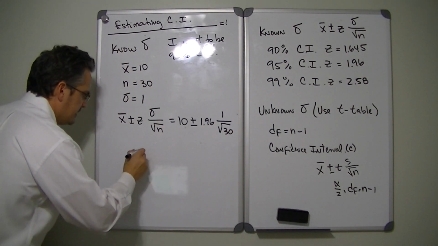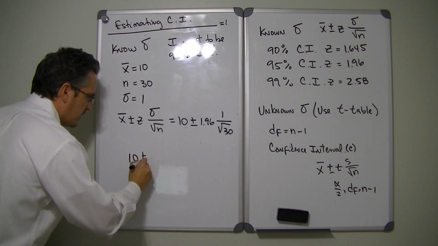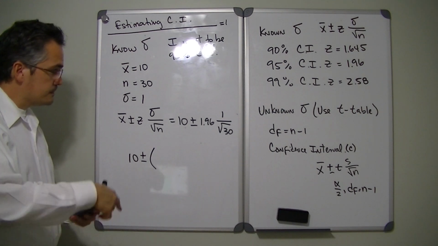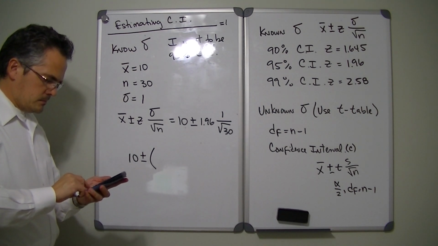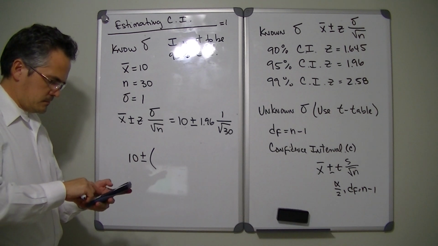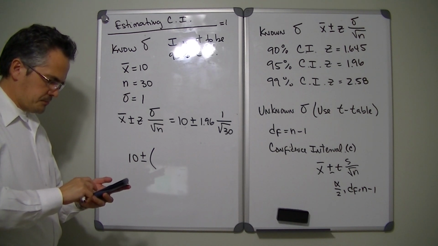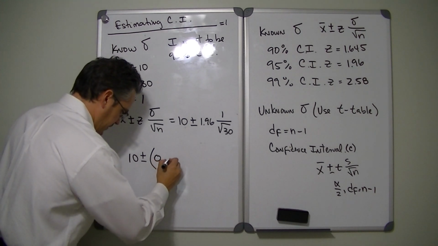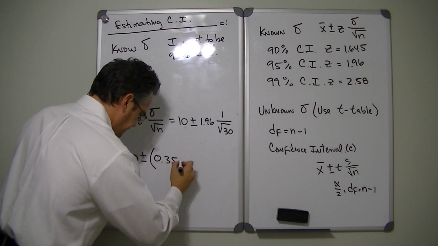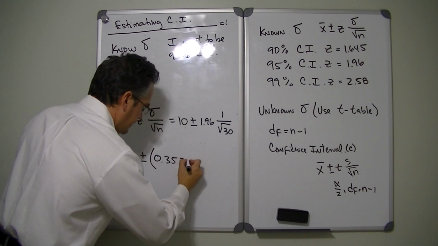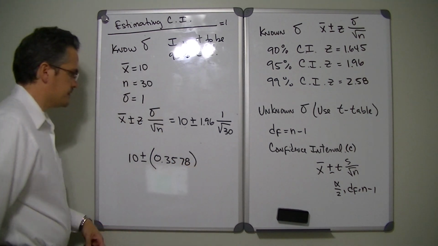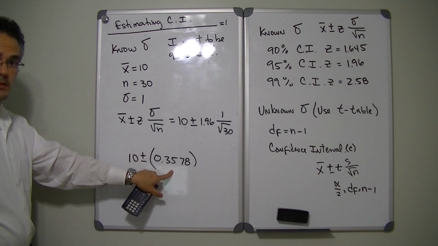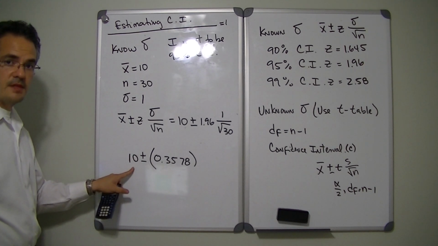Now what we're going to get is 10 plus or minus, and let's calculate that. Okay, so I got 0.3578. This is our margin of error, and this is our center of the data, in this case the mean.